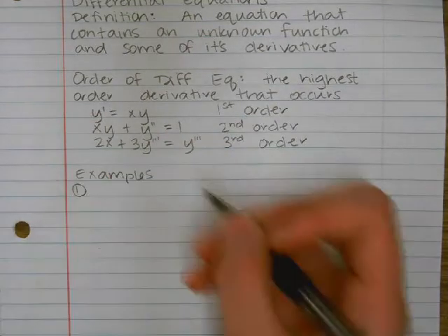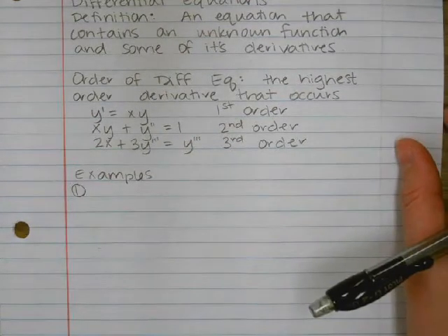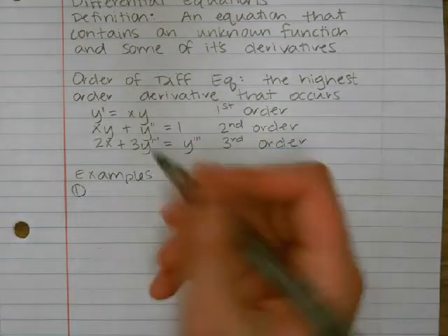So first, we're going to say that we want to find a function whose derivative is a constant multiple of itself.